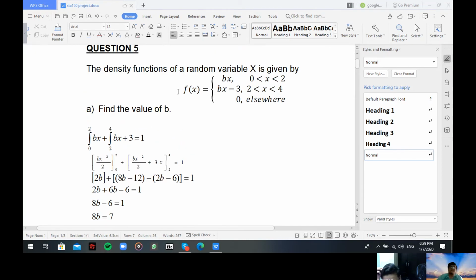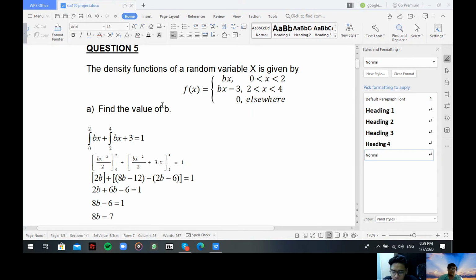Find the value of b. If you know that any probability function must be equal to 1, so the integral of f(x) is equal to 1. From here you can see there are two f(x), right? bx and bx minus 3.